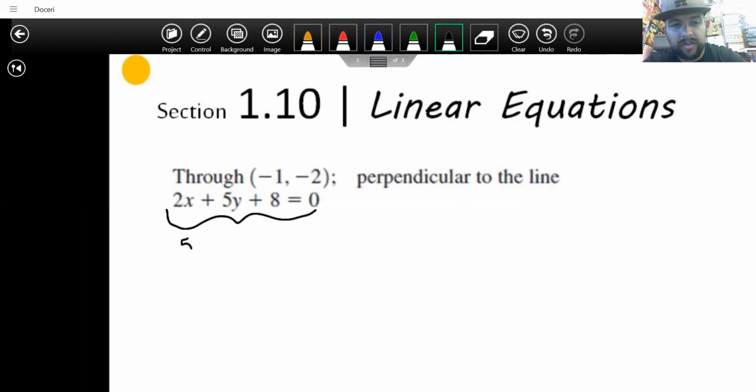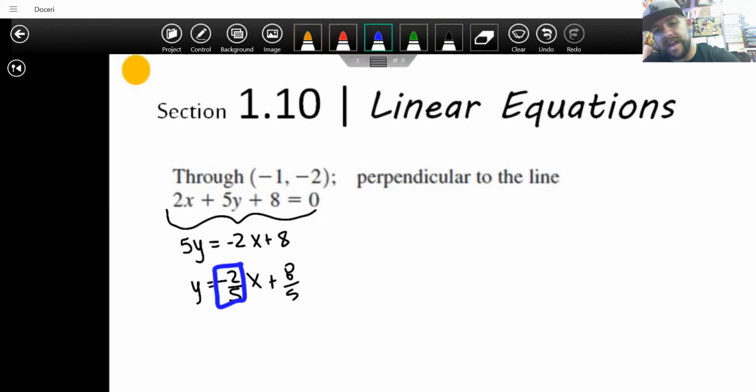Moving that 2x over, I'm going to get negative 2x plus 8. Dividing everything by 5, I'm going to get negative 2/5 x plus 8/5. The good thing about it is I don't really care about the ending term. The only thing I care about is this value here. That is my slope, negative 2/5.